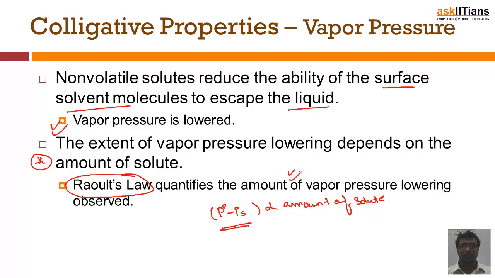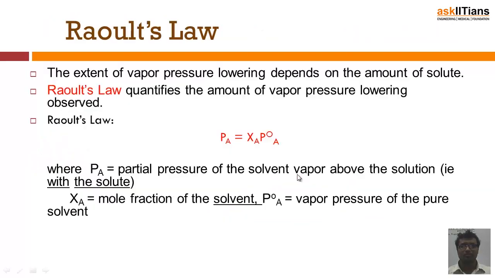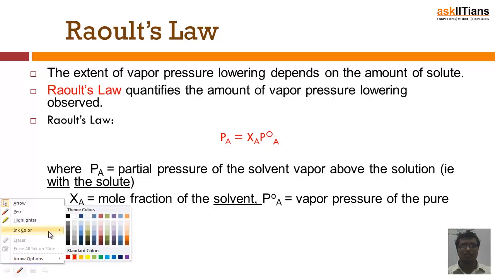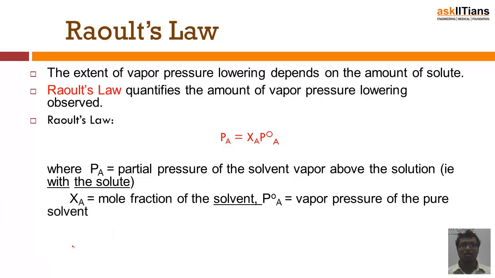So let's discuss what is Raoult's law. Raoult's law gives an idea about the extent of the lowering of the vapor pressure. The extent of vapor pressure lowering depends on the amount of solute according to Raoult's law also.